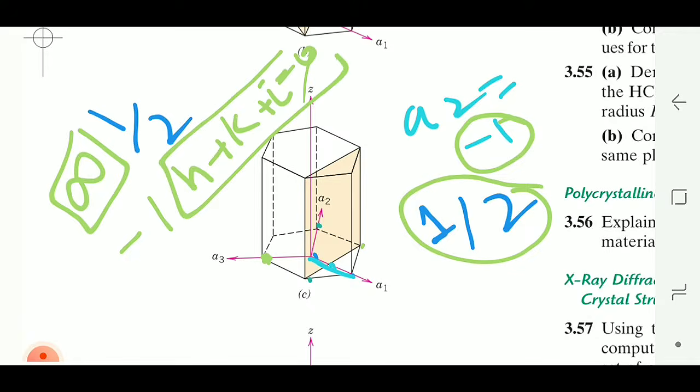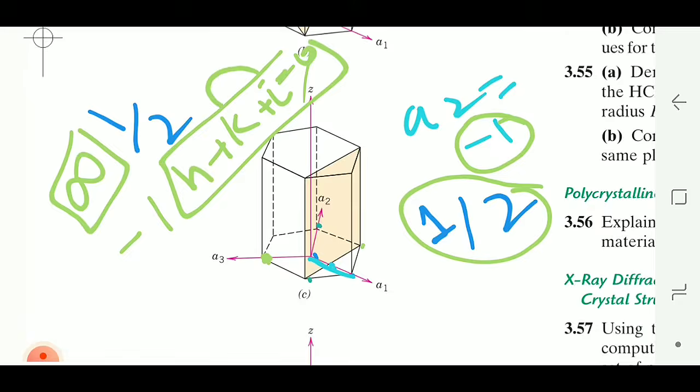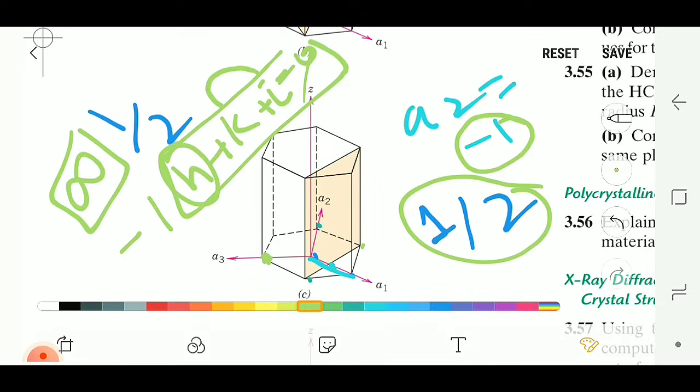We determine the indices for a2 and a3, which will give us i and k, and if you know i and k, we can easily determine h. So if you're confused, you can use that shortcut, but you can also use the equation of planes that we used earlier. I'll use this one because that one is not needed here.